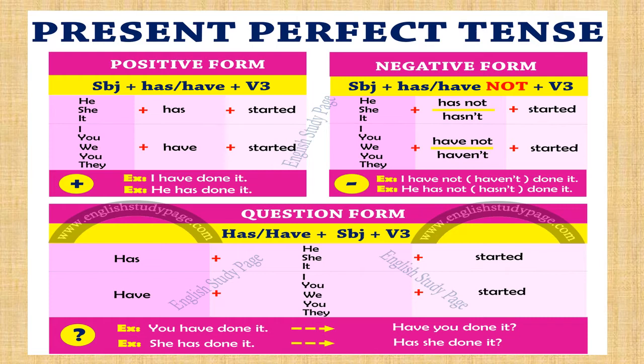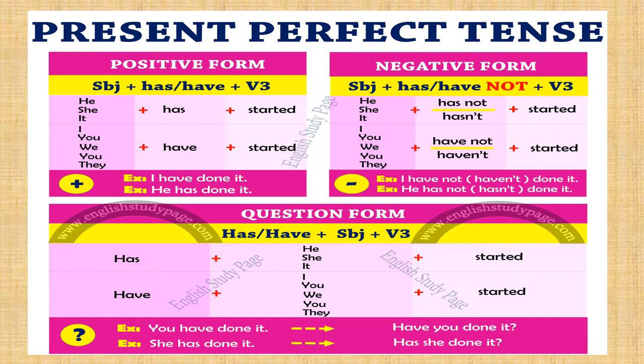To change into negative here in the present perfect, because I have two verbs, has or have plus past participle, the first verb is the auxiliary verb in the tense. So the auxiliary verb in the present perfect is has or have.